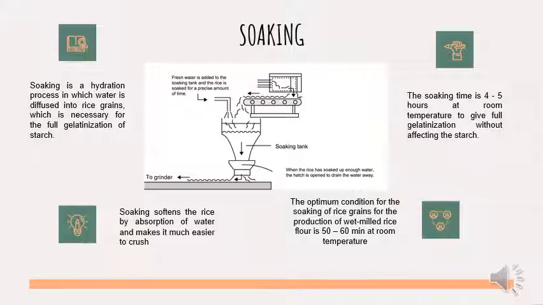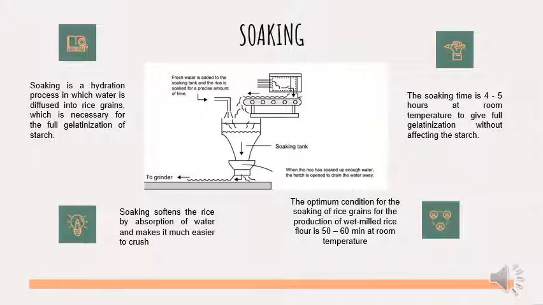A study by Kijima reported that the ideal condition for soaking polished rice for the preparation of wet-milled rice flour is between 50 to 60 minutes at room temperature, as it is important that the absorbed water permeates the rice structure evenly. These soaking conditions allow for the high yield production of fine, high moisture rice flour with low starch damage.